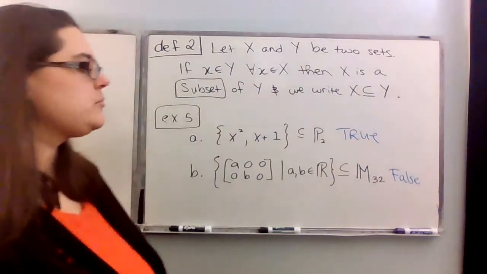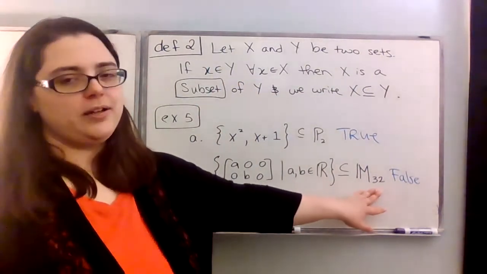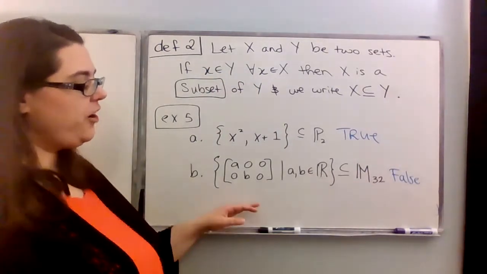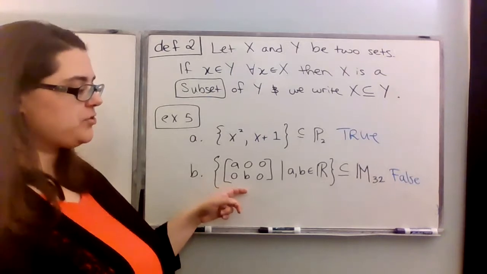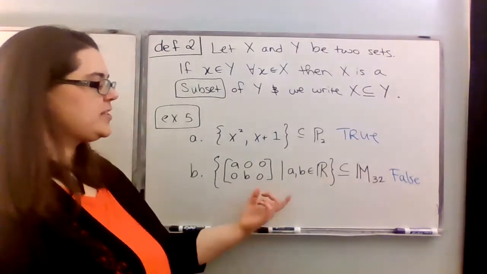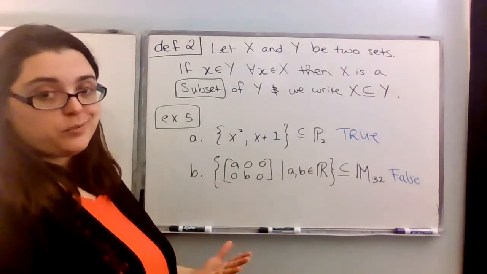Hooray. B is sneaky because if I had put M23 here, it would have been true. So this is false because this is a 2 by 3 matrix, not a 3 by 2 matrix. This is giving us a form of matrices that we can look at.